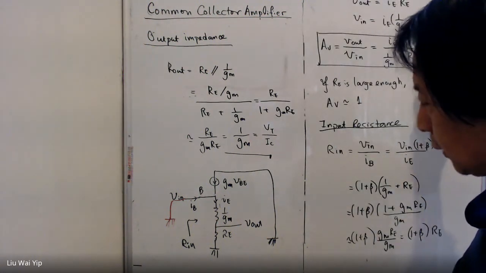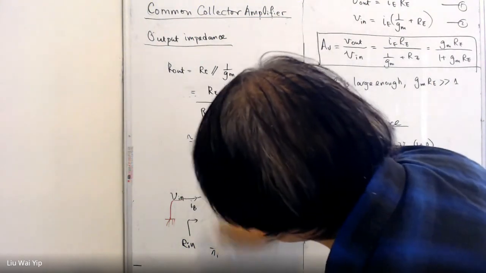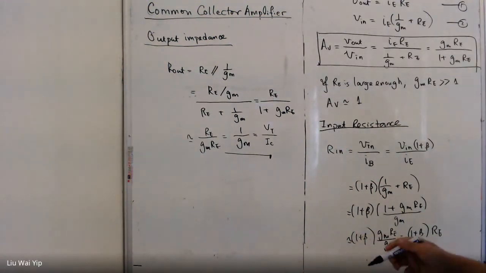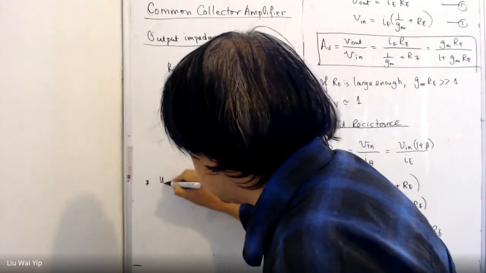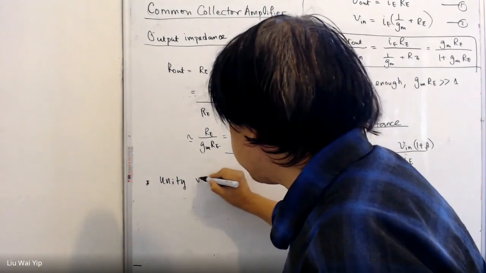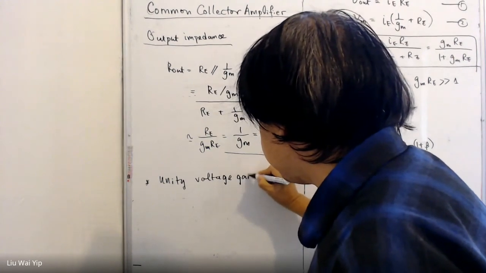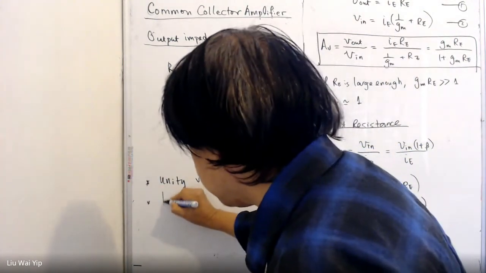So we can work out, we can write down the following. Unity voltage gain and high input impedance.